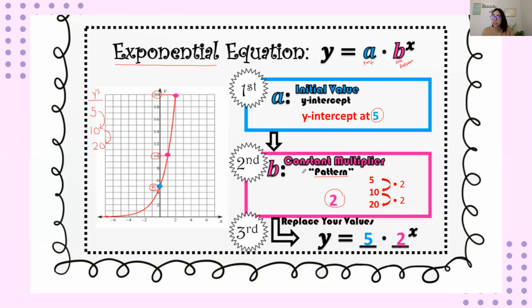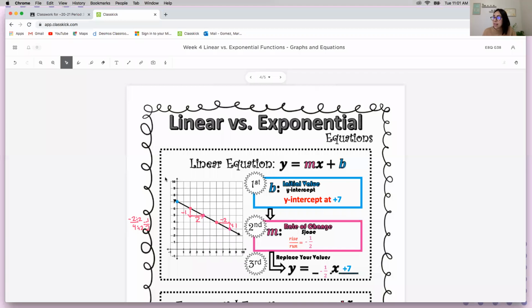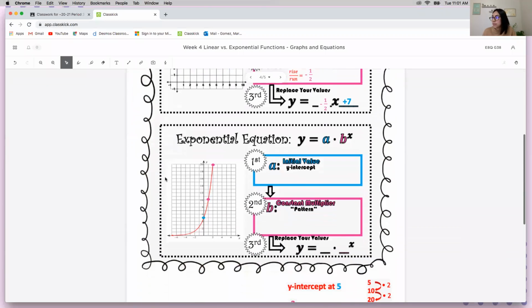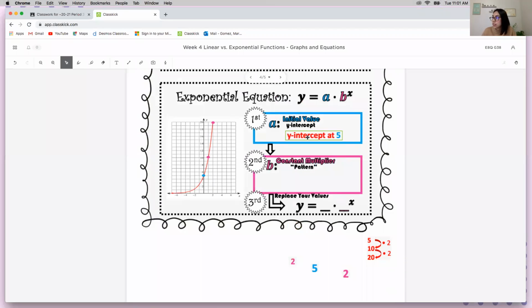Okay, let's go on over to our Class Kick and take those pieces over. Our y-intercept was at 5. For our constant multiplier, remember we have to do some work here. Get your y's. This y here is 5.